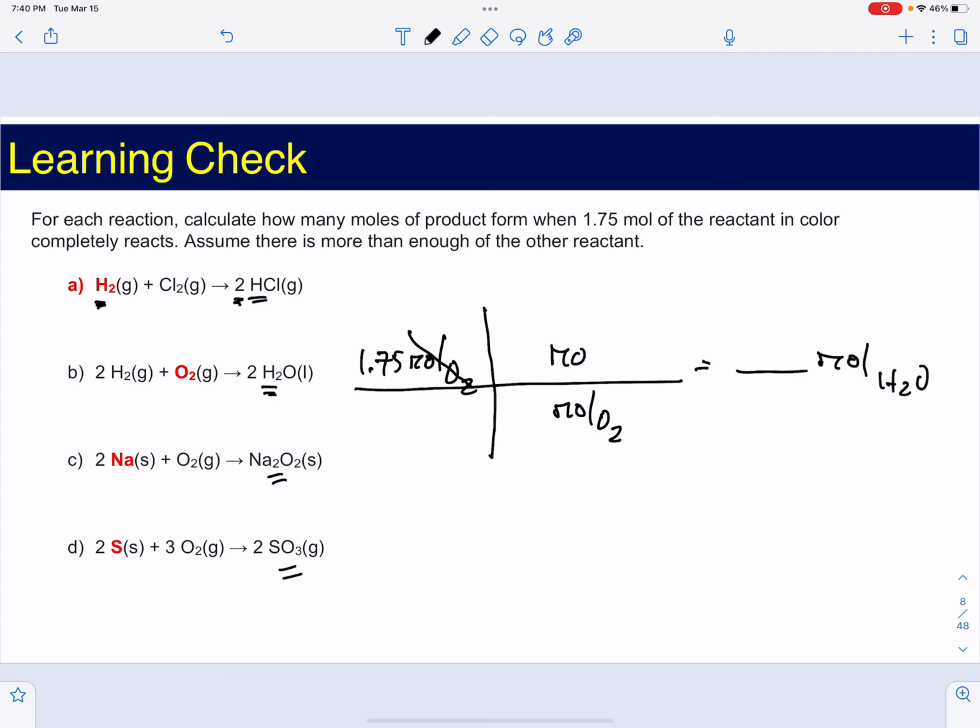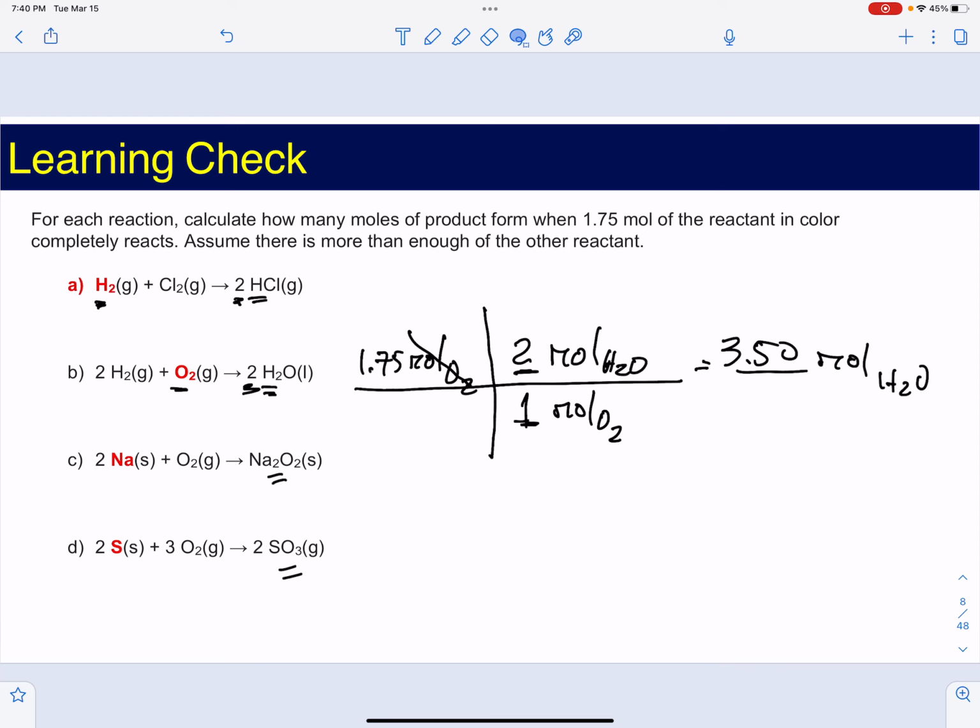On top, you put what you are looking for, just like you have been doing through all the previous 7 chapters, and then find the coefficient from the balanced equation. This one, oxygen is going to be 1, and water is going to be 2. So the same as before, we're going to have 3.50 moles of water created. What about the next one?